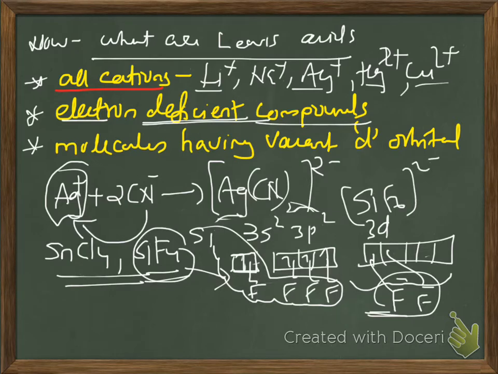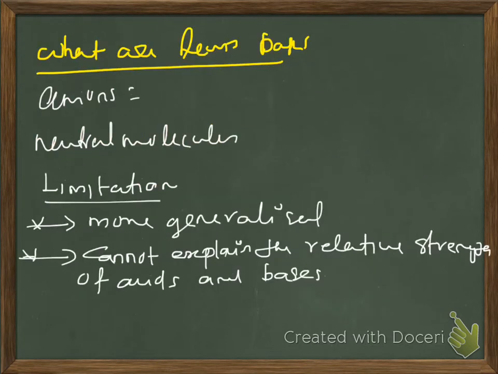So these kinds of compounds having vacant d orbitals are also capable of acting as Lewis acids. Now you have to see the kinds of compounds capable of acting as Lewis bases. Generally all anions are Lewis bases as they can donate a lone pair.